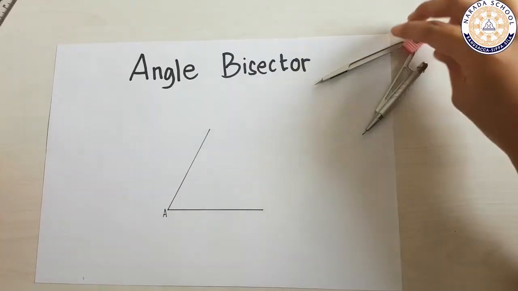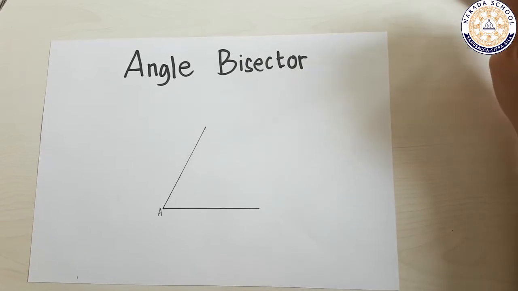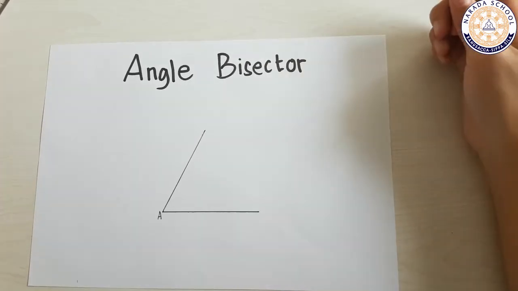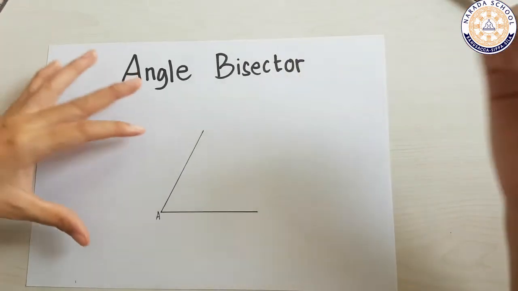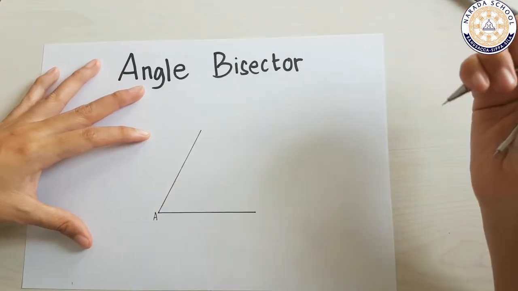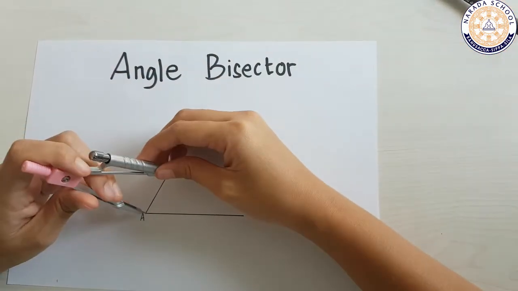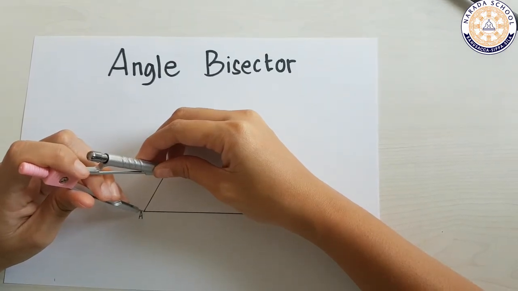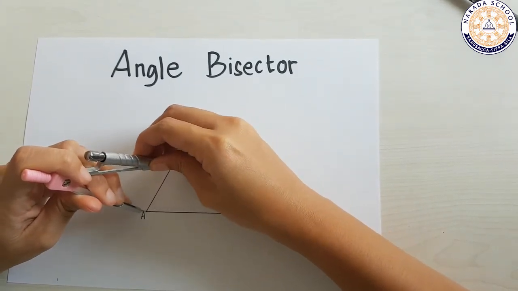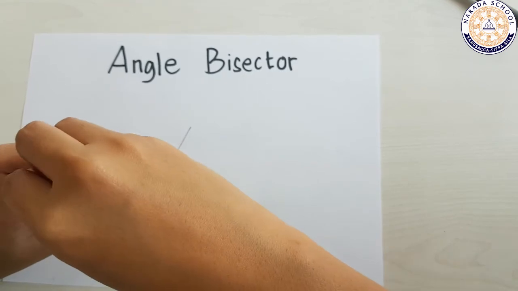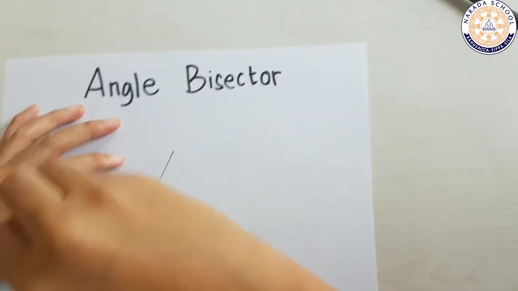Okay. To construct a line that cuts an angle into two congruent parts, the first thing that we need to do is make an arc in the angle.